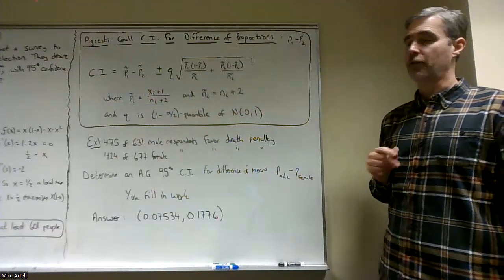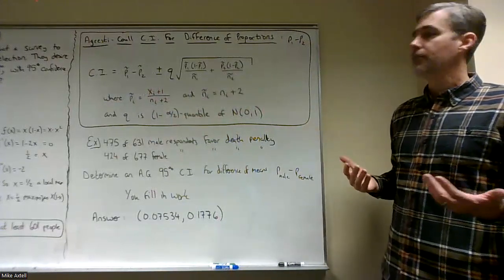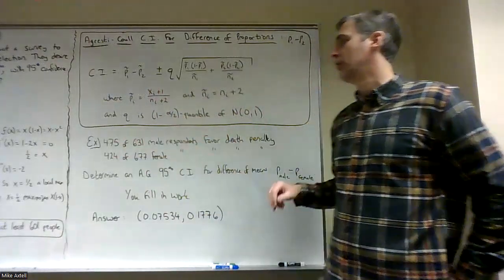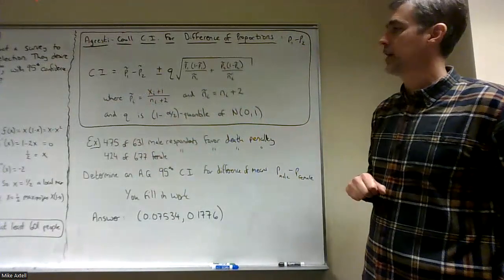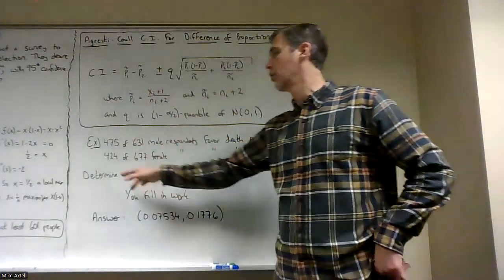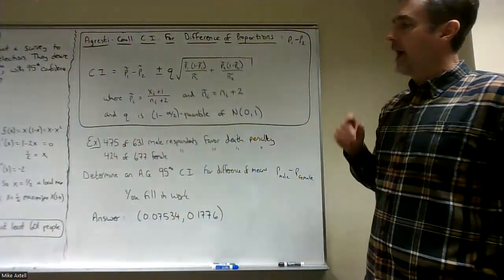So here's some work for you to do. Here's a scenario. We do a survey, 631 males respond, 475 of them indicate they are in favor of the death penalty, 677 females respond to the survey, and 424 of them respond that they are in favor of the death penalty.